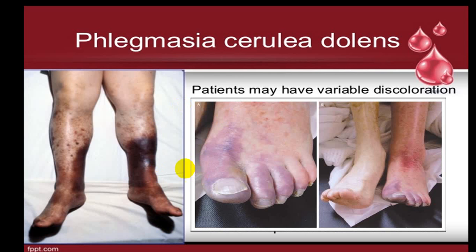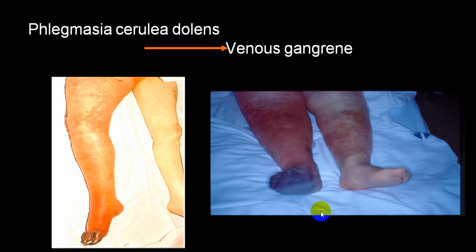You can see the changes. Blue color, you can see here. So this is cerulea dolens, ending into venous gangrene. Edema and bluish discoloration, venous gangrene.